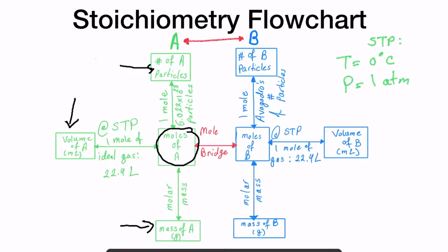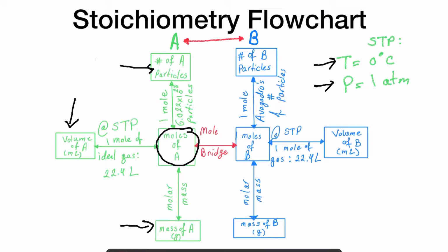If it's a volume of the gas at STP, by the way, STP stands for standard temperature, which is 0 degrees Celsius, and standard pressure, which is 1 atm. So if you want to convert from milliliters or liters of the gas at STP, you can use 22.4 liters for 1 mole of ideal gas at STP.